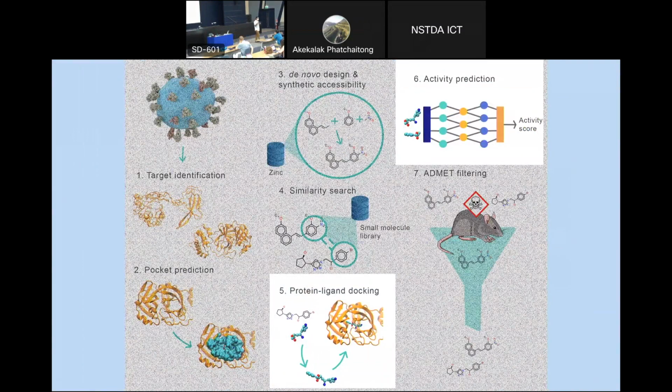Now, what does docking do? What docking does is it places the small molecule inside the pocket and then calculates different physical interactions. The combination of physical interactions that you get at the end is called a docking score. That means the docking program is giving you an idea of how well these two are matched.